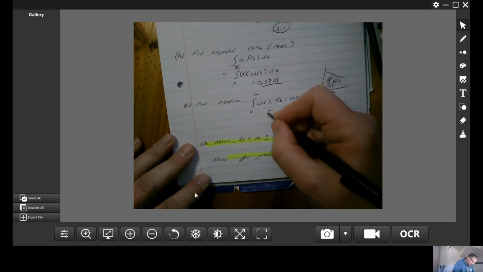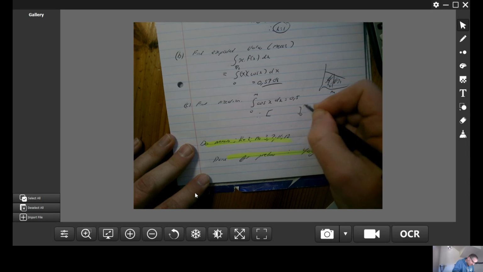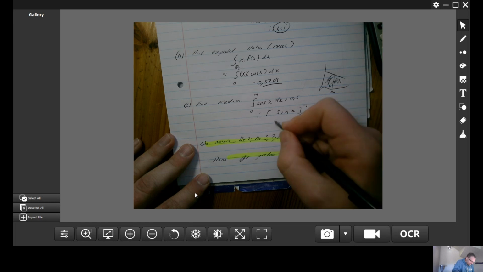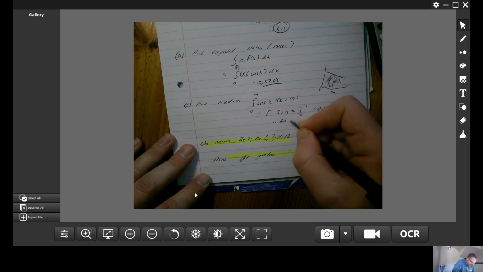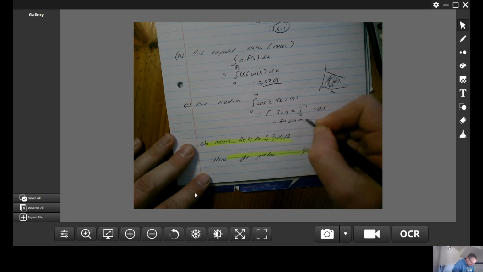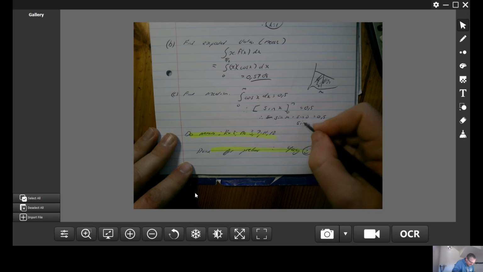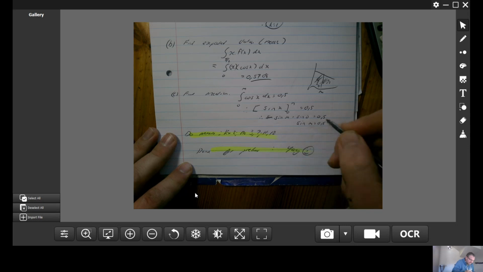What do you have to differentiate to get to cos? Sine x. So we end up with sine m minus sine 0 is equal to 0.5. Sine of 0 is 0. So sine of m is equal to 0.5.